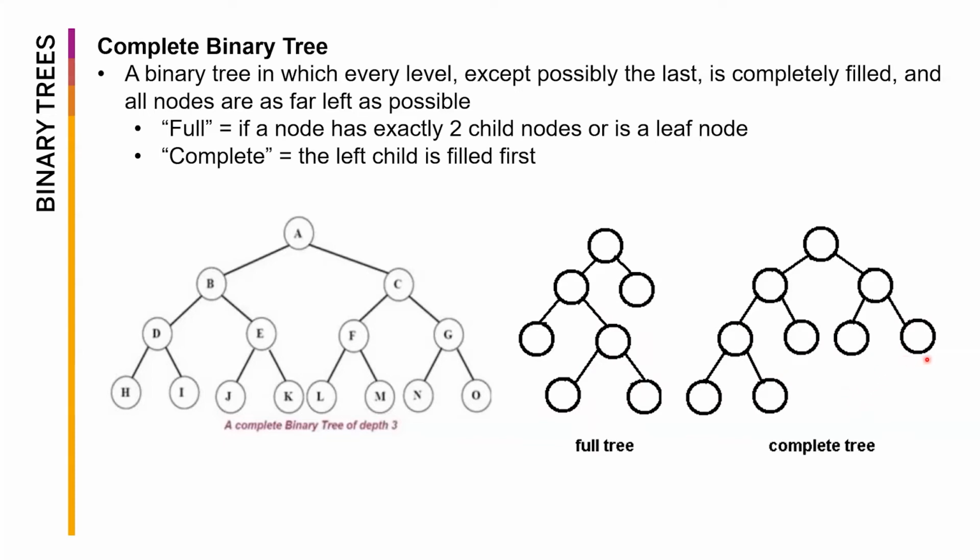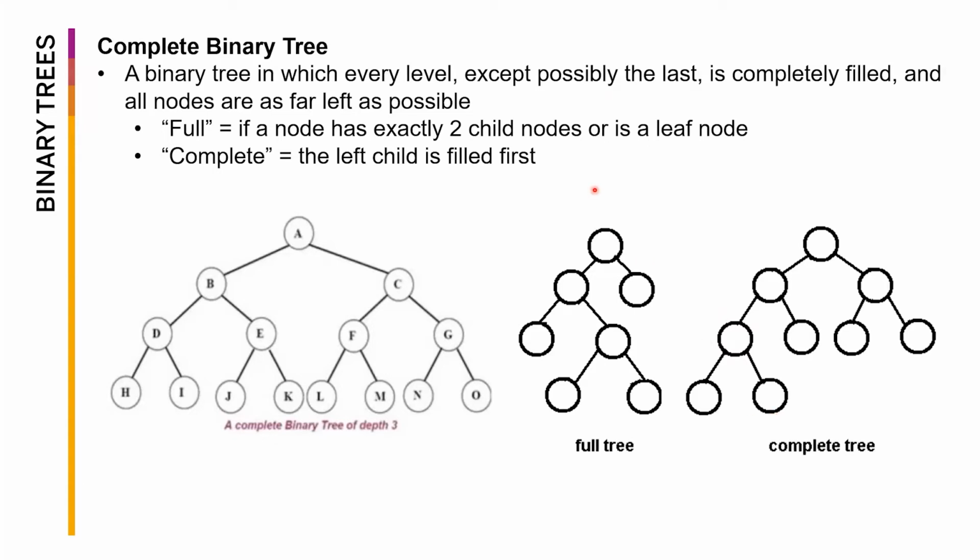So as long as we push all the children to the left, that's considered complete. Now it says here, except possibly the last. Again, because if we go to the last level, it might be a leaf node which is considered empty, or we can have children on the last level.